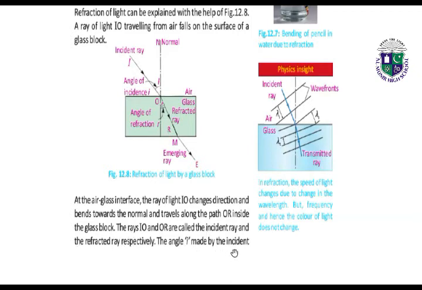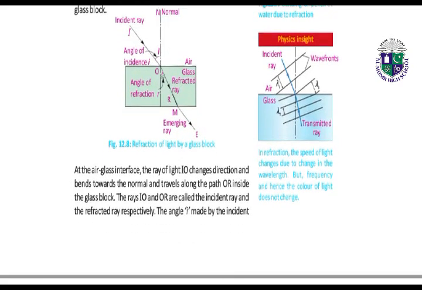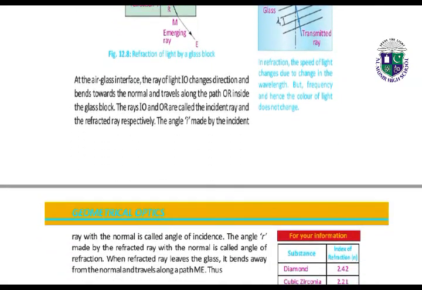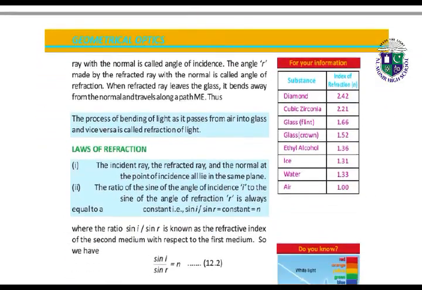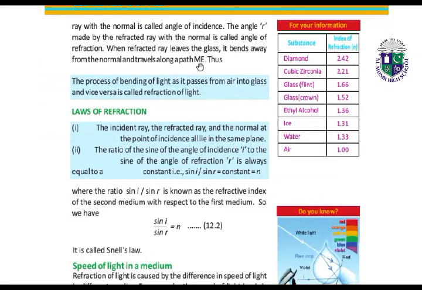The angle I made by the incident ray with the normal is called the angle of incidence. The angle R made by the refracted ray with the normal is called the angle of refraction. When the refracted ray leaves the glass, it bends away from the normal and travels along a path ME.